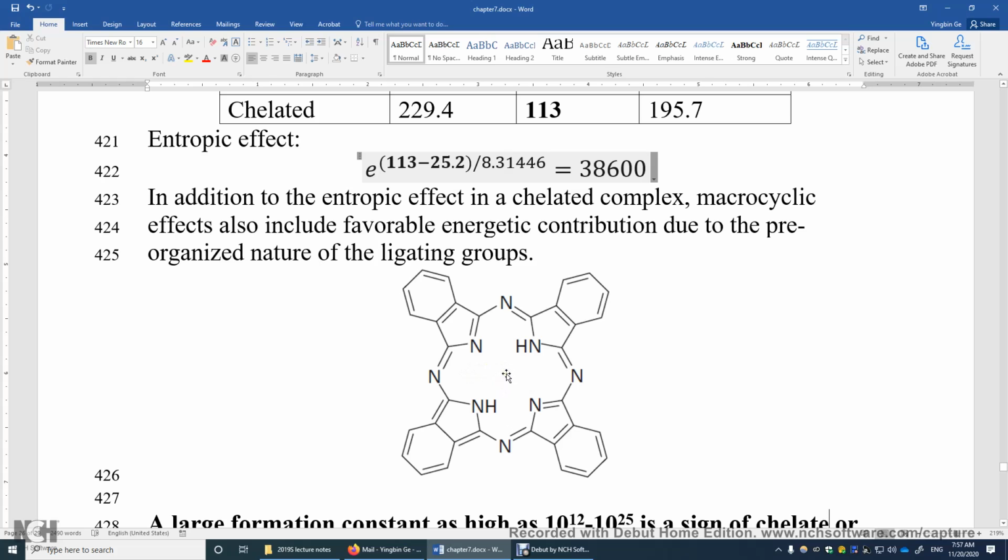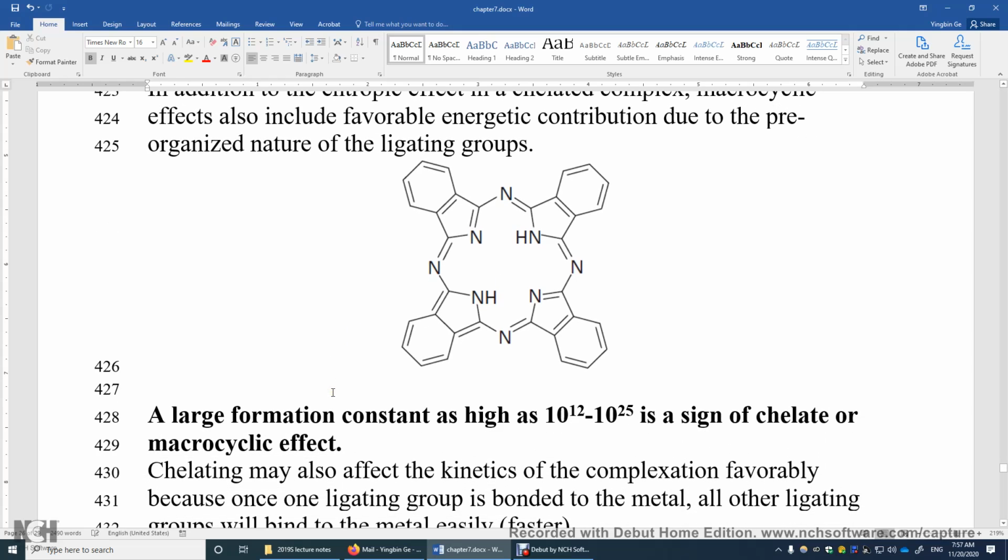If the transition metal is too large or too small, then that will lower the formation constant. Sometimes you see a very large formation constant, as large as 10 to the power of 12 or even 10 to the power of 25. Such a large formation constant is a sign of the chelate effect or the macrocyclic effect.